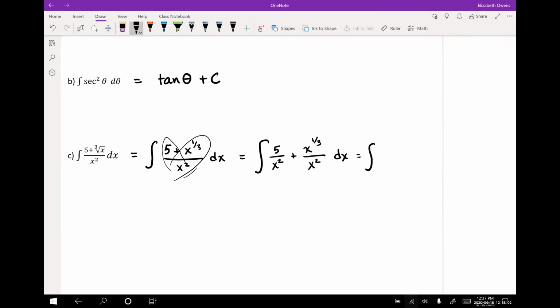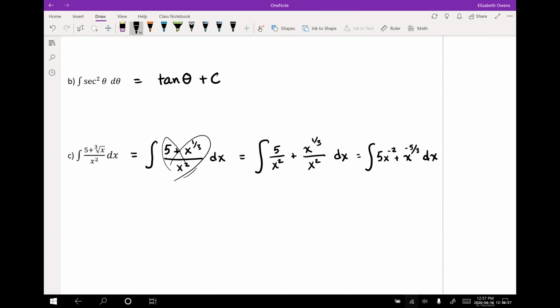So integral sign 5x to the -2 power plus, okay, that would be 1/3 divided by 6/3. So that would be -5/3 on x there. Almost didn't write the x. Okay, so 5x to the -2 power plus x to the -5/3 dx.